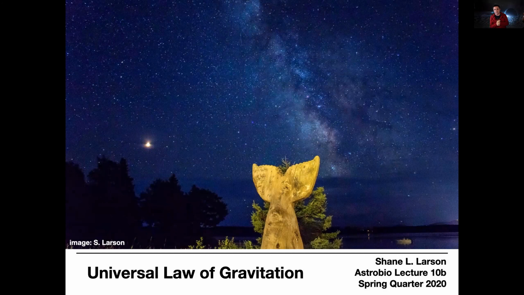And the universal law of gravitation has been enormously successful for the entire 300 years since it was first written down, because we have seen that it works not only for describing life here on Earth, but it can get us to the moon, it can describe the orbits of planets in the solar system, the orbits of moons around planets, binary stars we see, and indeed it can describe galaxies and all kinds of other phenomena that we see in the universe. So it has been enormously successful. And we use it for virtually everything that we do in astrophysics. So we're going to talk a little bit about that today.